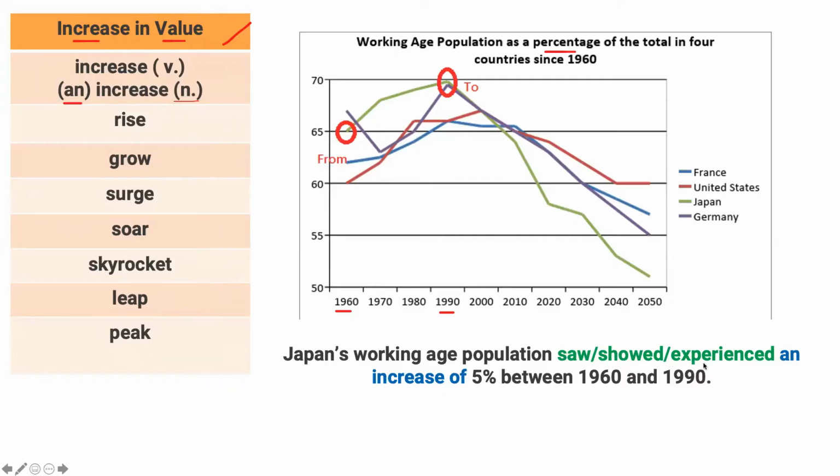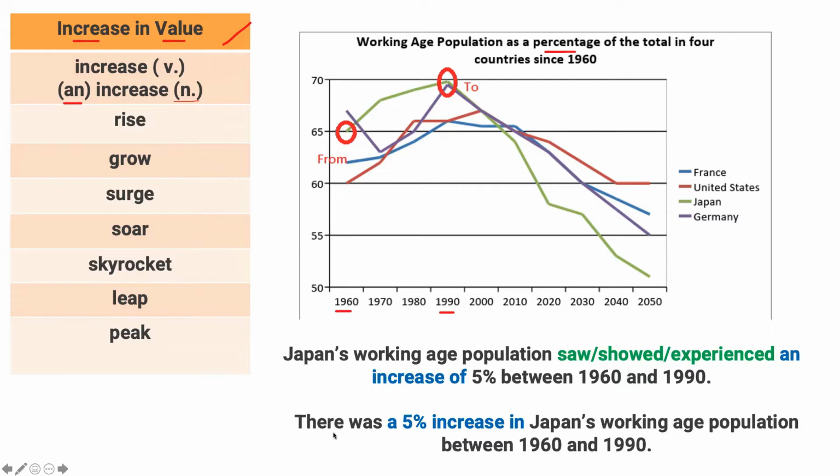And some really great examples are saw an increase, showed an increase, or of course, experienced an increase. I would definitely make note of these 3 verbs. They are very common to use with the noun of increase. And of course, you want to say an increase of because you're looking at a specific percent, a specific number. Another option we could also say: there was a 5% increase in Japan's working age population between 1960 and 1990.